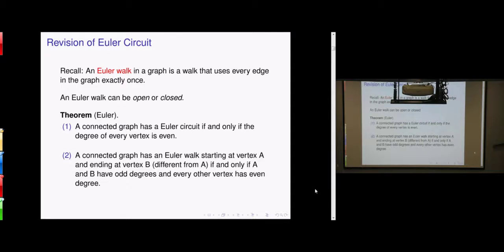I just tried this annotator, and it seems to work today. I'll use the example I had last time. Last time we saw this graph, something like this.